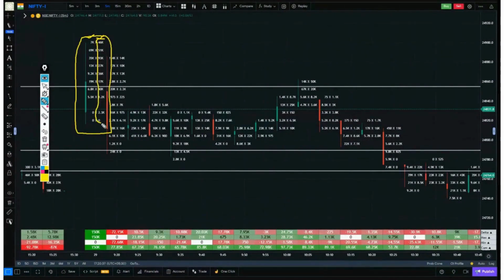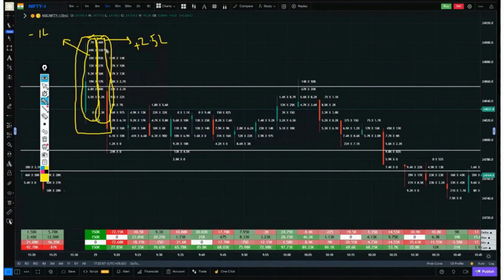We add up all the buyers on the right side and assume, let's say, the value comes out to be 2.5 lakh. Okay, the plus sign is for buyers. And again, we add up all the sellers on the left side. What is the total for this? 1 lakh negative.